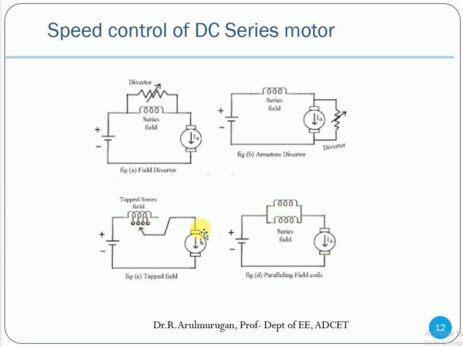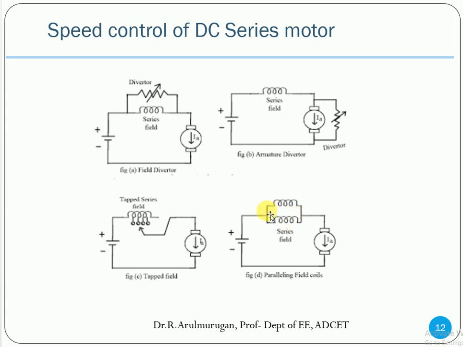What are the possibilities for speed control? A variable rheostat is connected across the field winding, the field divider method. Or a variable resistance is connected across the armature winding, the armature divider method. Or tap changing of the field winding, or the field winding is split into two.